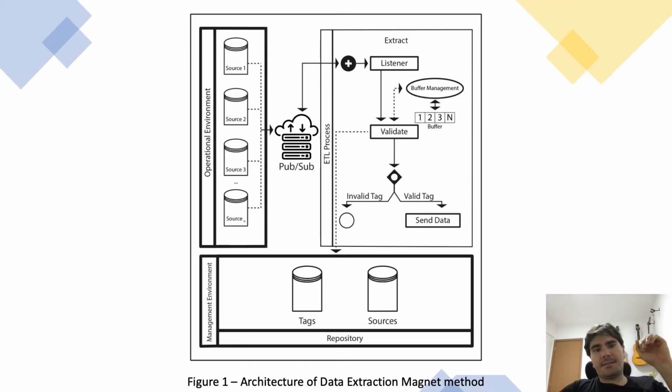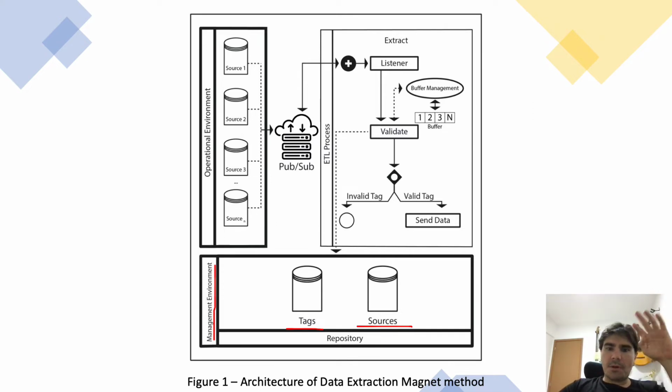In this next figure, we can show the architecture of the data extraction magnet method. To better explain this figure, I first started here in a management environment. This environment is composed of two main repositories: tag repository and sources repository.